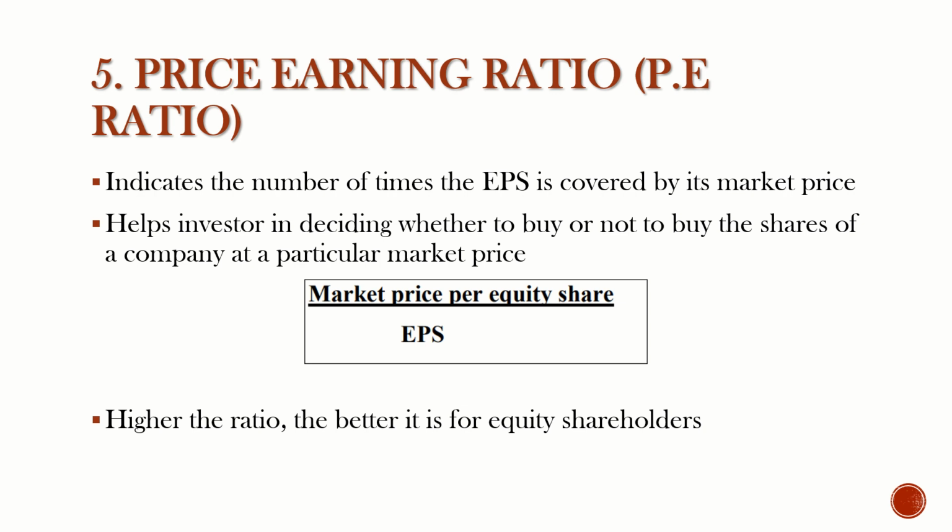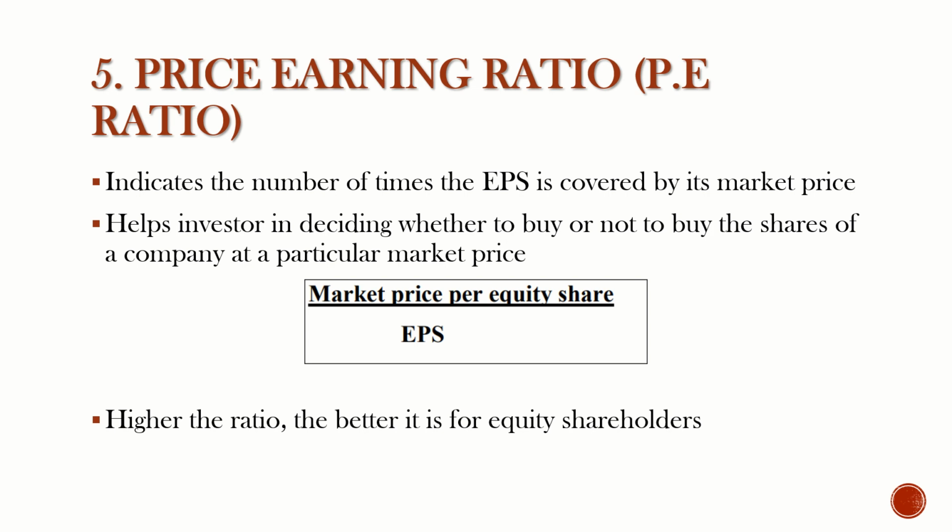So let's see the calculation. Price earning ratio is equal to market price per equity share divided by EPS, that is market price per share, MPS divided by EPS.